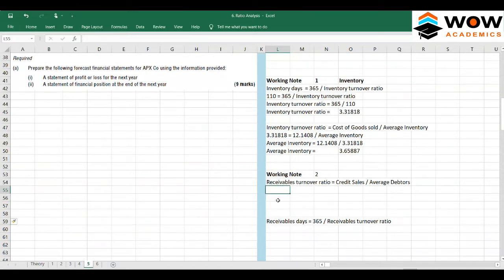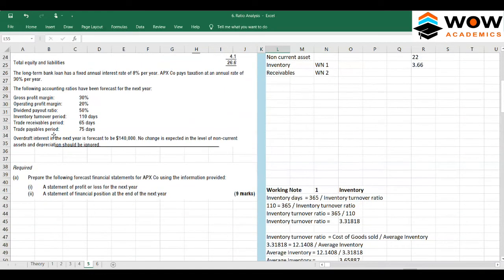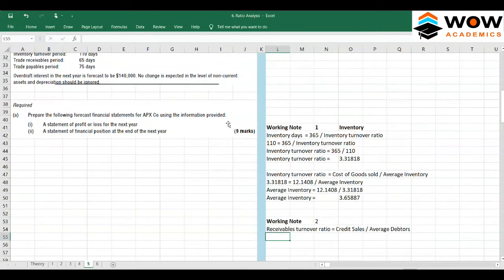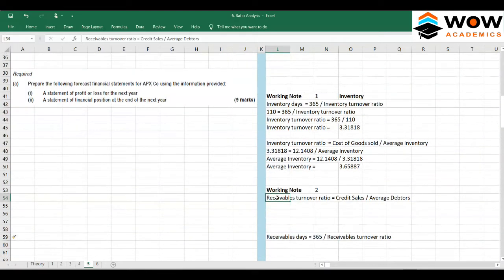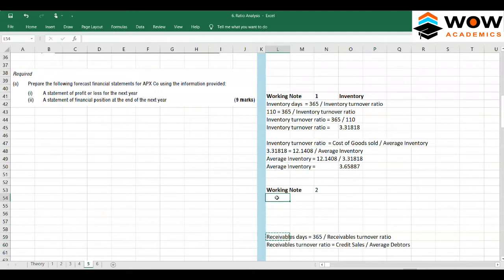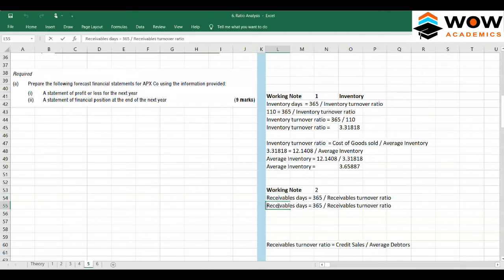So what is the number that we have? Trade receivables we have 65 days. The ratio that we have to start with is this ratio. So number of days becomes 65.